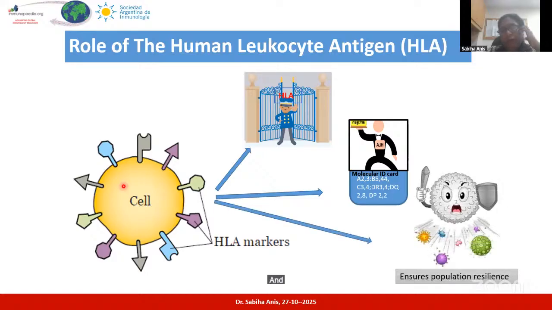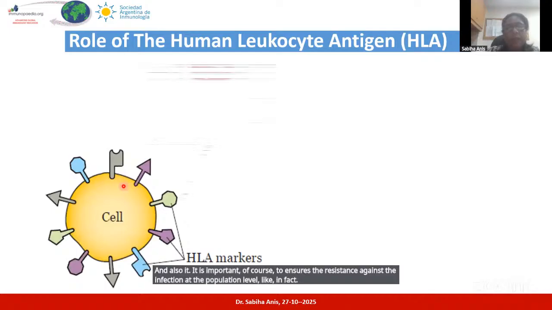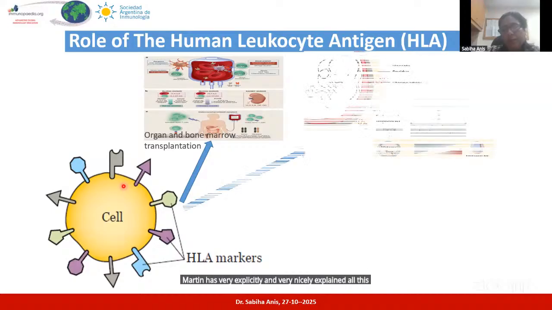It is also important, of course, to ensure resistance against infection at the population level. Also, it is important in organ and bone marrow transplantation. Dr. Martin has very explicitly and very nicely explained all this in detail.